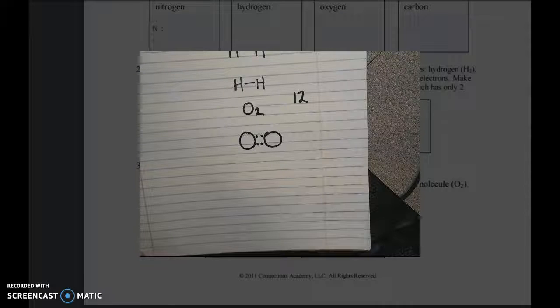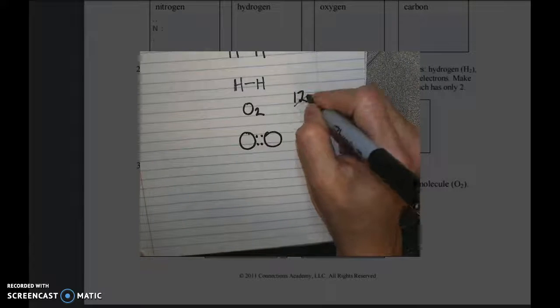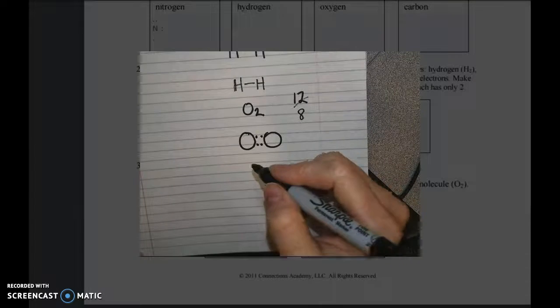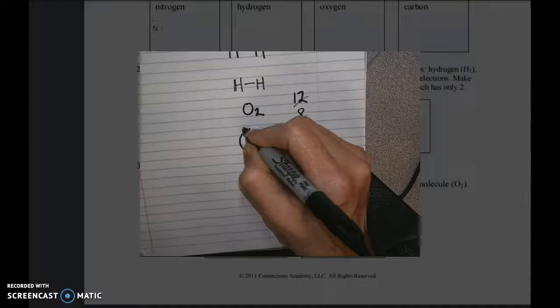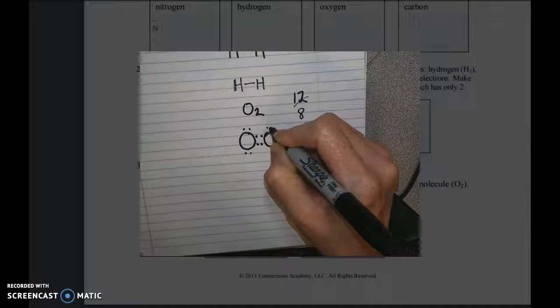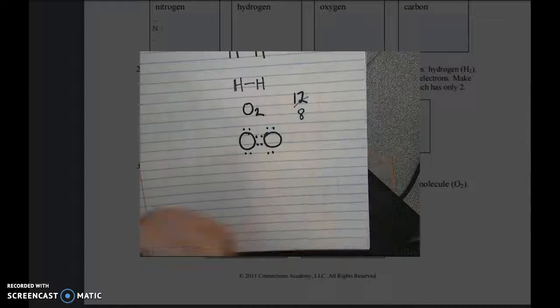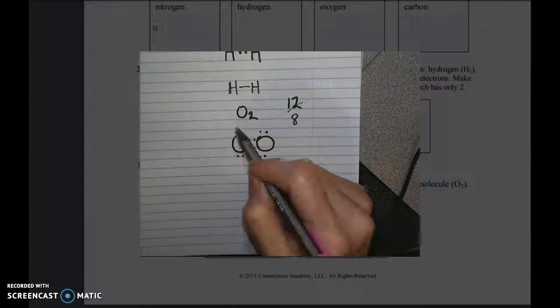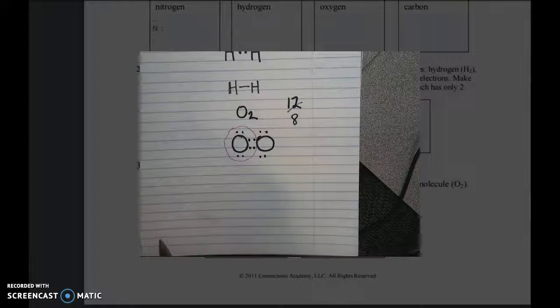Okay, so that's 4. Now each oxygen atom has 4. That gives me 8 more. Well, if they each have 4 and there's 8 left, I can divide that equally and give them each 4 more. 4 and 4 is 8. So theirs look like this. You see how they now each have 8? This oxygen atom has these 8.